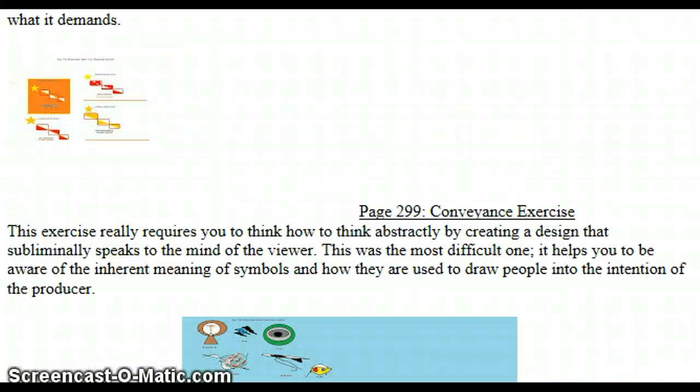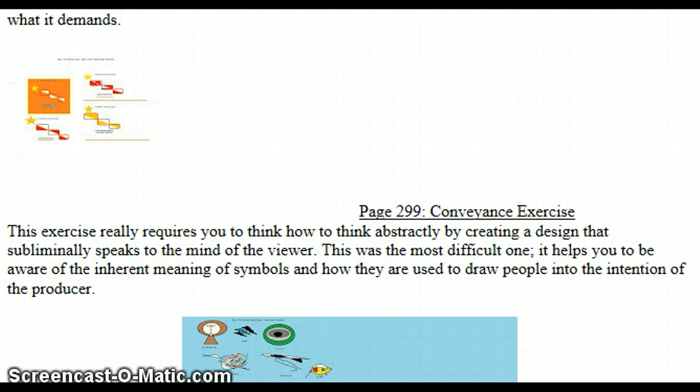The last but not least, another thinking exercise is page 299, conveyance exercise. You had to convey an abstract idea, and that's one of the most difficult things to do. The first person that came to mind was Carl Jung, whom I like a lot.